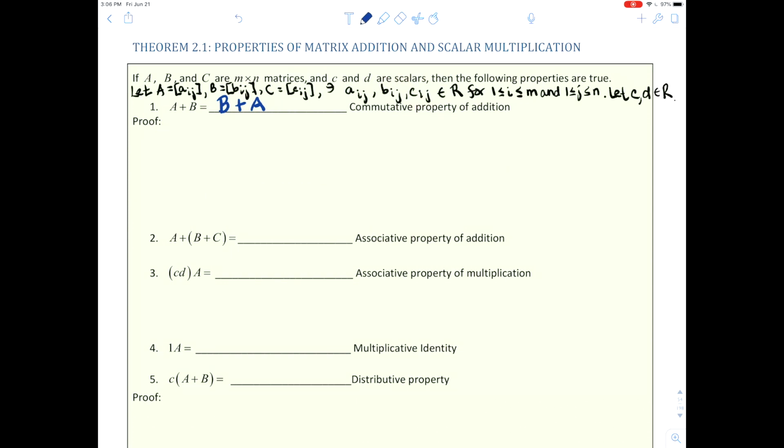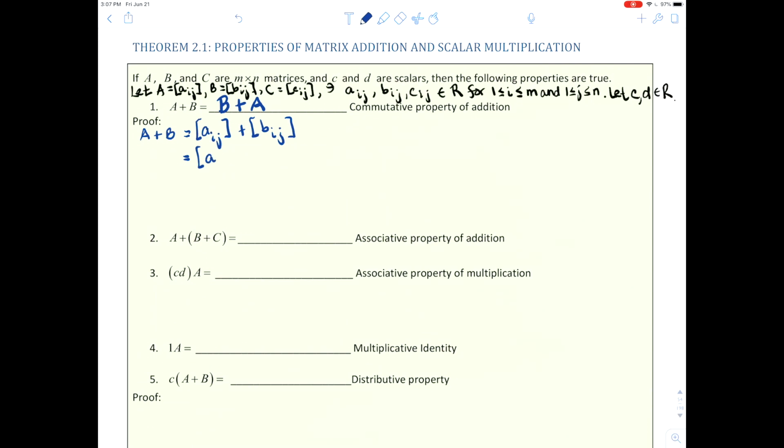Okay, so given that we have all that down, let's go and see what we get here on our proof. So starting with the left-hand side, we get A plus B equals, well, that's going to be in representative element form, Aij plus Bij. Good so far? Now, I want to bring these to be one happy matrix so I can use the properties of real numbers on them.